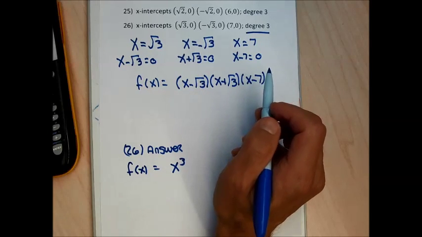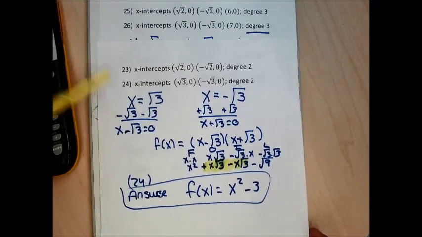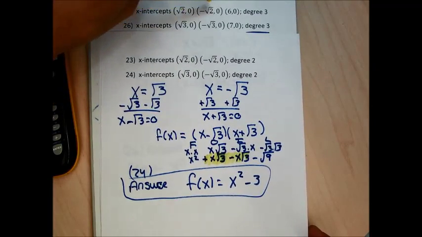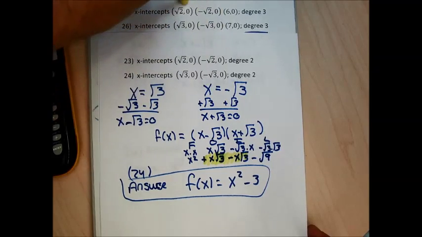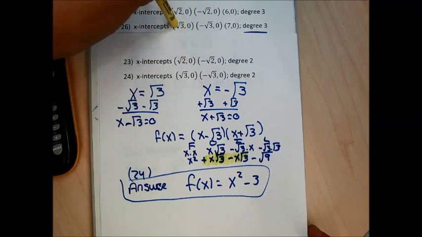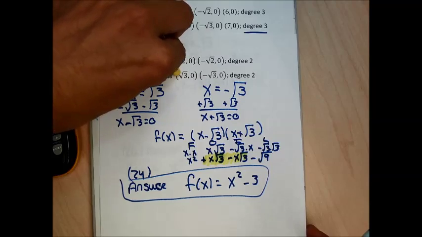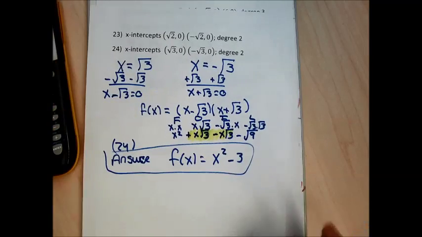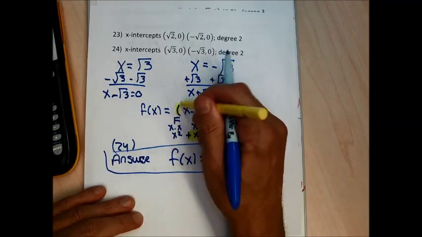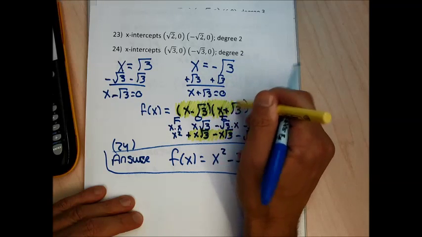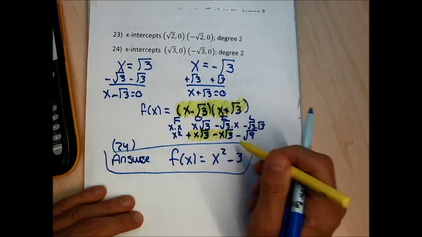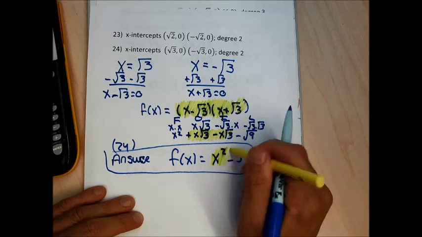I very specifically, in your problem 25, made you have the positive and negative square root of 2 in problems 23 and 25. And I made problems 26 and 24 have the square root of 3 and negative square root of 3. This is because one of the things I did in problem 24 is multiply that, and that came out to be x squared minus 3.